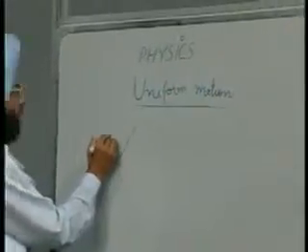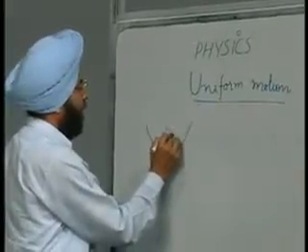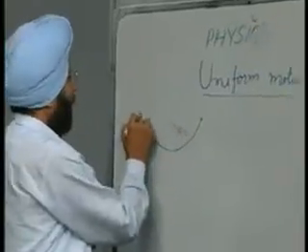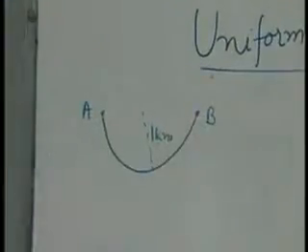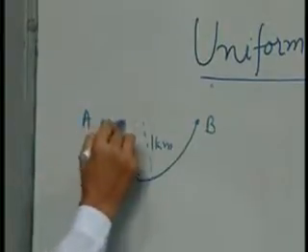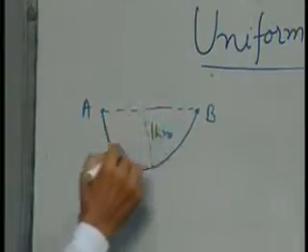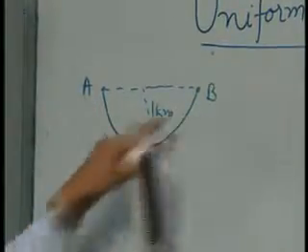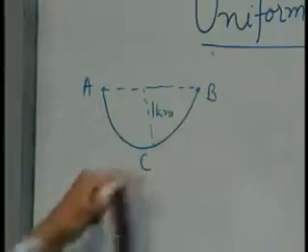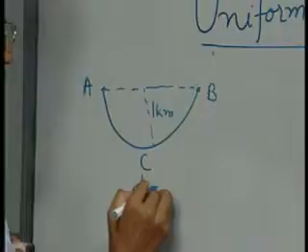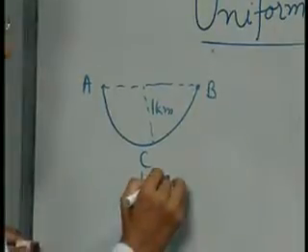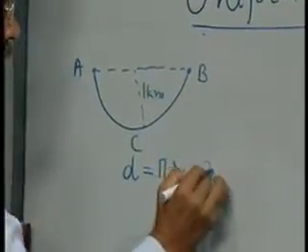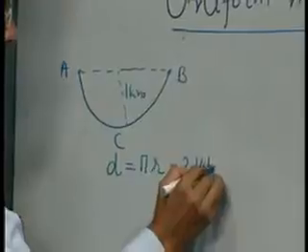Suppose we have 1 kilometer radius for this path, we move from point A to another point diametrically opposite, B. Distance, we follow this path A, C, B, semicircular path. Distance travelled in this case is pi r. R is 1 kilometer. So, this is 3.14 kilometer.